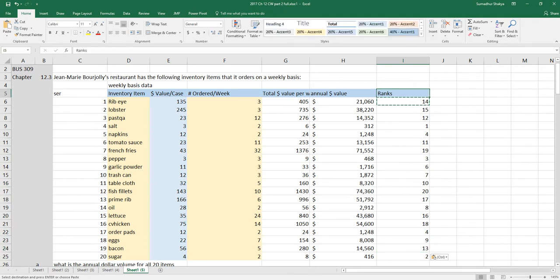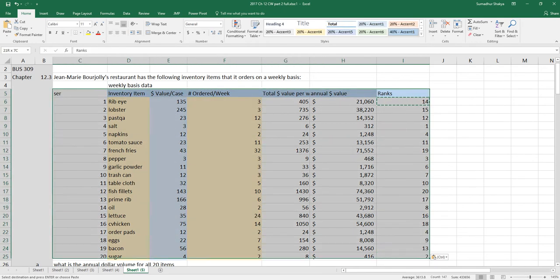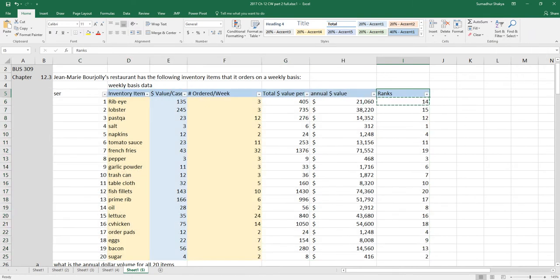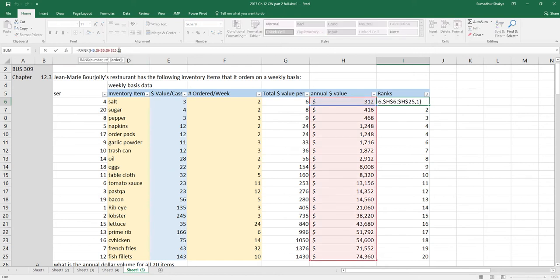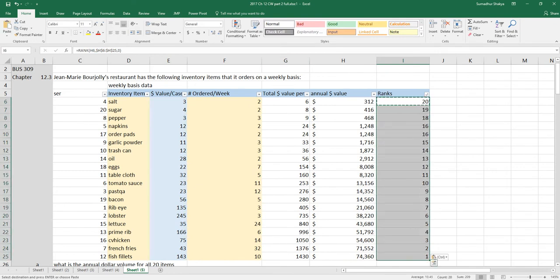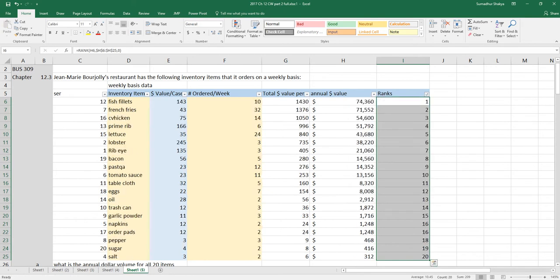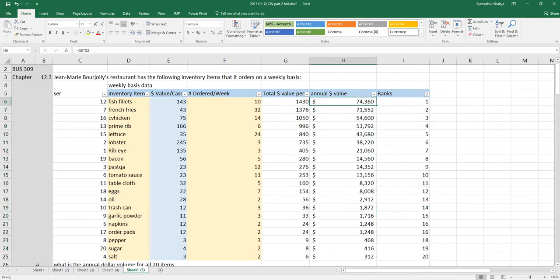At this point, I'm going to select all of my data set, use filter, and sort all of them by rank. Currently this is giving me the lower value first, so I should have been using descending. Let's try that again, smallest to largest. Now that sorts all of our items with the highest dollar value as the lowest rank.